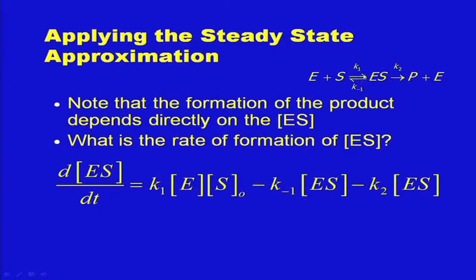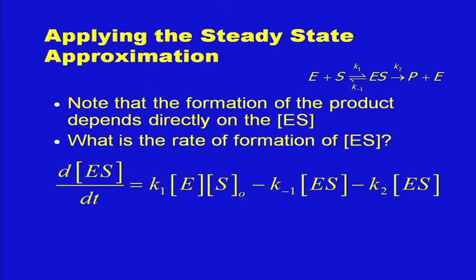So, all three should be taken into consideration while finding the rate of formation of ES. Therefore, the corresponding differential equation will be d/dt of ES, that is the rate of change of ES concentration with time. Okay.